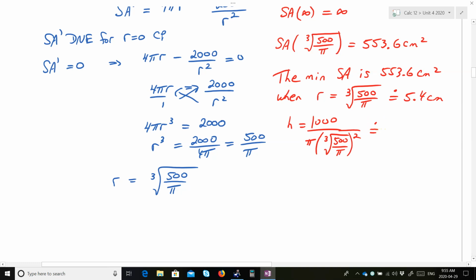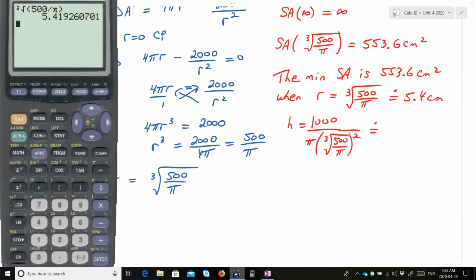So the height should approximately be equal to 1,000 divided by pi times the cube root of 500 over pi, and it's actually that whole thing squared. So I'm going to have to put a bracket here.